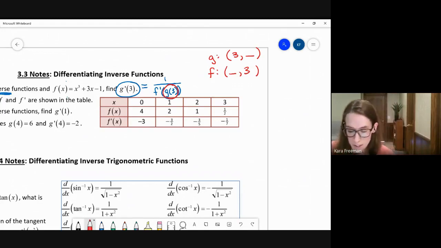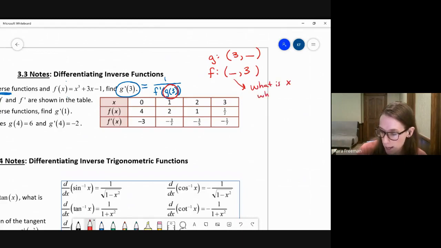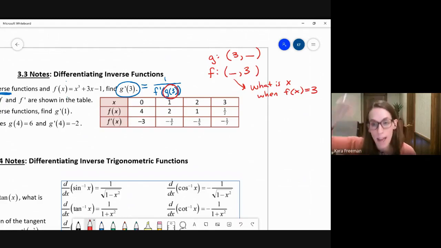So what that means is if I want g of 3, I want to solve for what is x when f of x equals 3. That's what g of 3 means. Does that make sense? So I've got to figure out what is x when the y value on f equals 3, which is the x value of g.